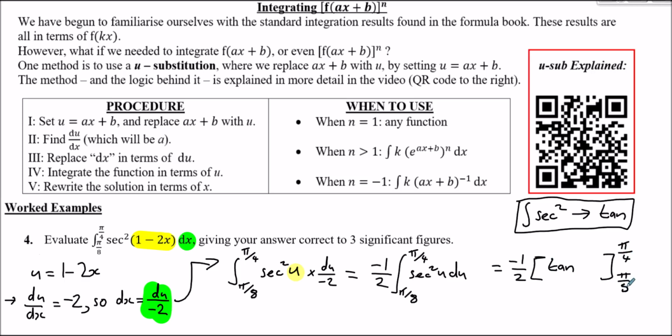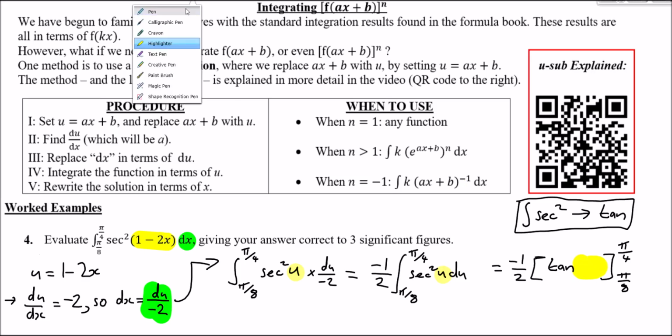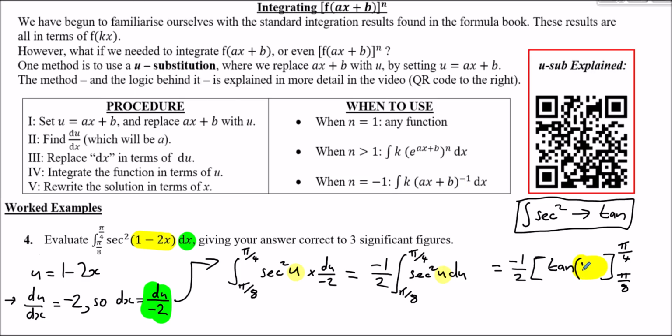Now, looking at these notes, I did say to rewrite the solution in terms of x. So we can switch back in terms of x now, because these limits relate to x limits, not u limits. And so remembering that u is 1 minus 2x, I can now put this back in again. So tan u just means tan of 1 minus 2x in between these limits.